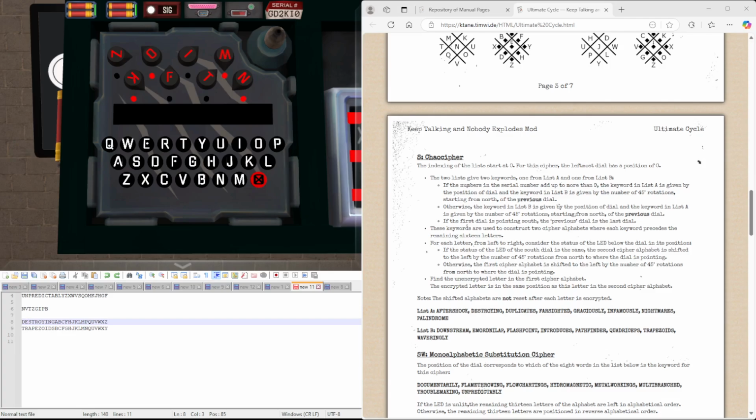Could you let this in the second? This is in the second alphabet. So it's like alphabet. Right, I think we're doing it right.